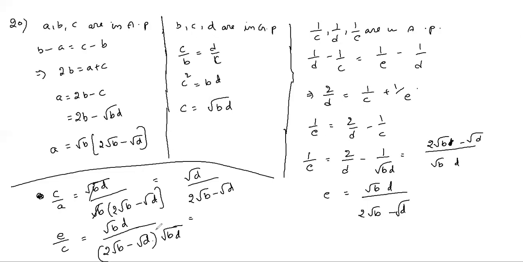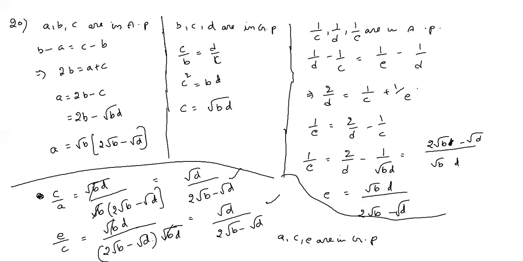So root B will cancel, root D by root D is root D, and this is (2 root B minus root D). So both ratios are the same. Therefore A, C, E are in GP. So find A, C, E values in terms of B and D and prove that C by A equals E by C. So the ratios are the same, so those are in GP.